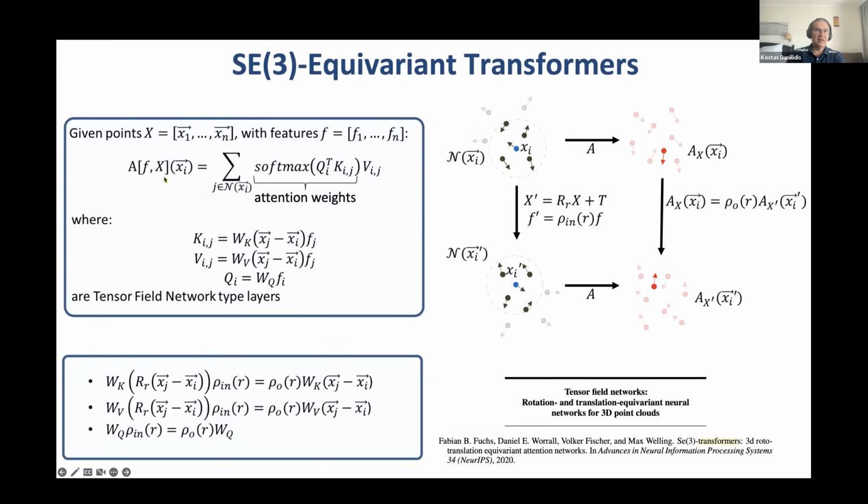And if we want it to be not only translation equivariant, but also rotation equivariant, we want our weights, which depend on the rotation of the difference between the point I and its neighbors J, to satisfy equivariance, where this is the rho field of the input channels, and this is the rho field of the output channel.